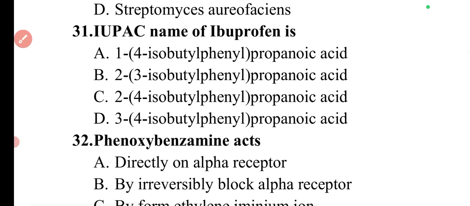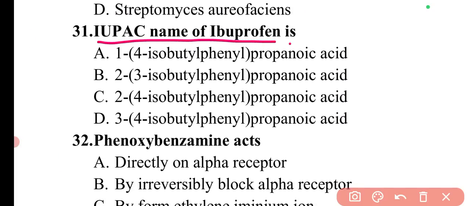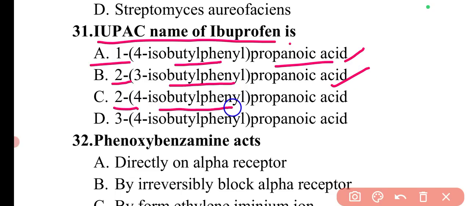Next question is, IUPAC name of ibuprofen is, options are 1,4-isobutyl phenyl propionic acid, 2,3-isobutyl phenyl propanoic acid, 2,4-isobutyl phenyl propanoic acid, or 3,4-isobutyl phenyl propanoic acid.